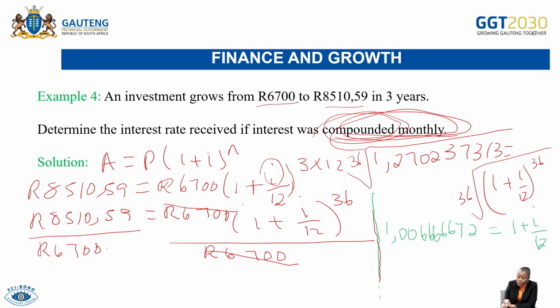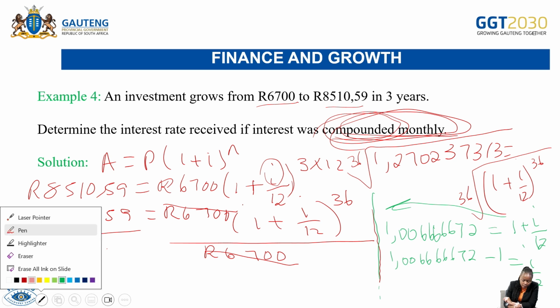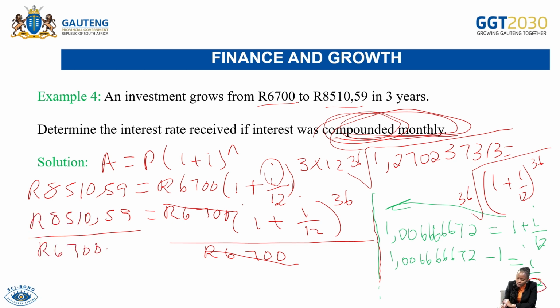So the 1, I can take it to the other side, right? So I can have 1.0066666672 minus 1 equals I all over the 12. How do I get rid of this 12?